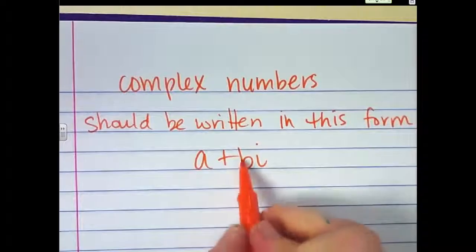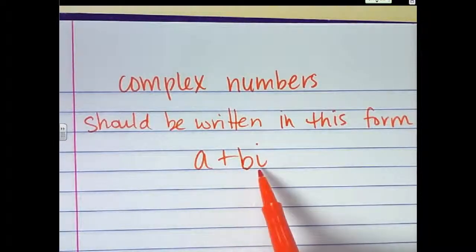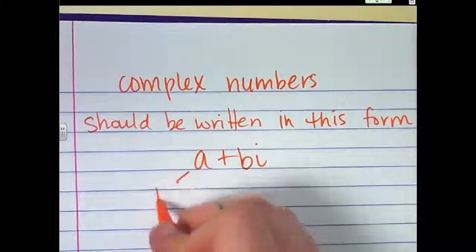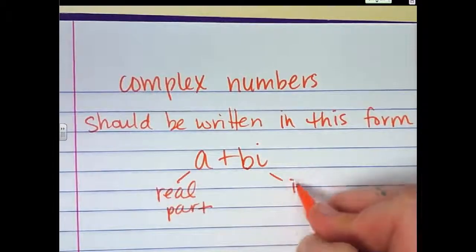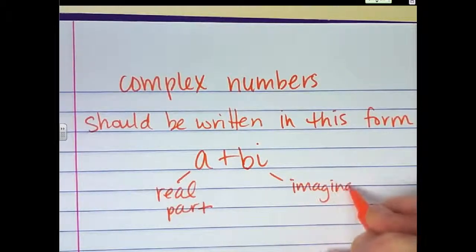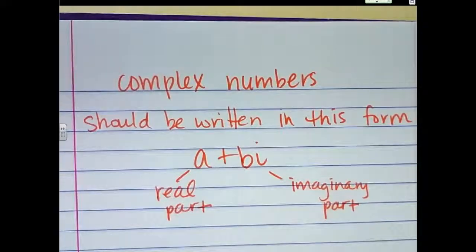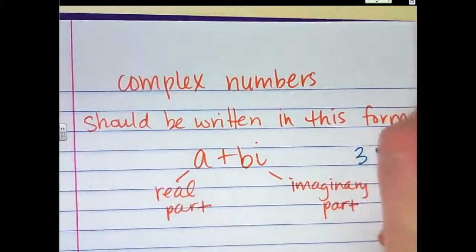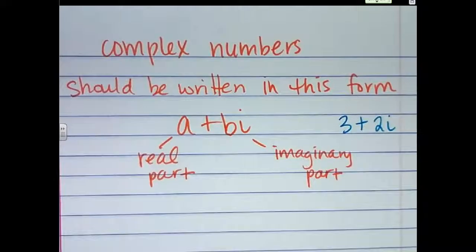Because now we're going to combine a real number with an imaginary number, it's always written in this form, a plus bi. This is my real part, and this is my imaginary part. An example would be something like 3 plus 2i. You just put the real number first and then the imaginary.